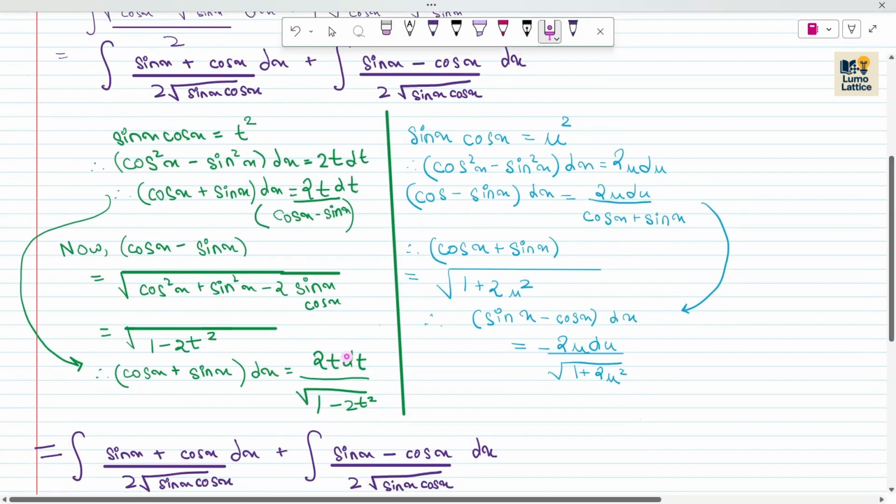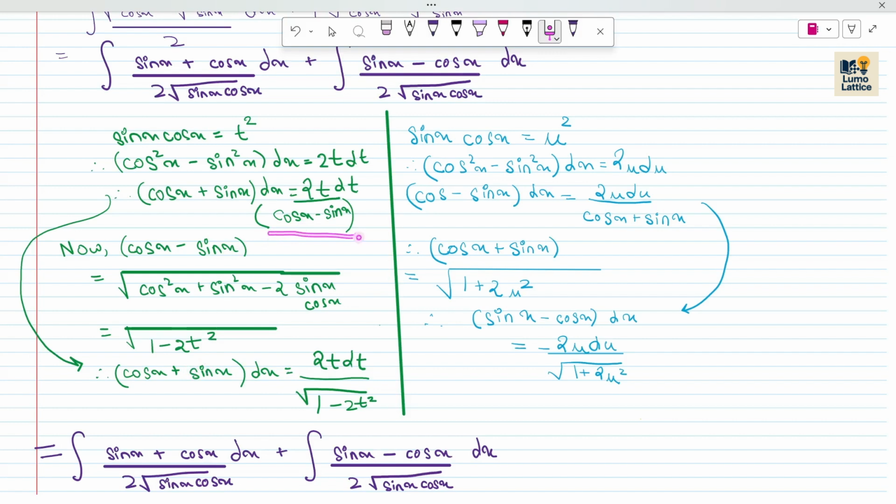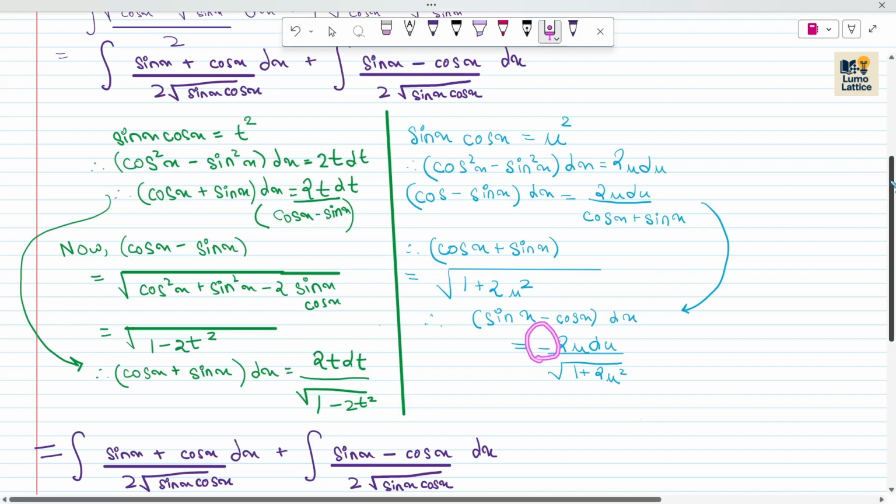Now the rest of the sum is pretty simple. We just substitute here cos x minus sin x with root over 1 minus 2t square, and on the other side with root over 1 plus 2u square. Here we have made a slight adjustment because here we have sin x minus cos x. That is why we have multiplied both sides by a minus, so here we get a minus sign.